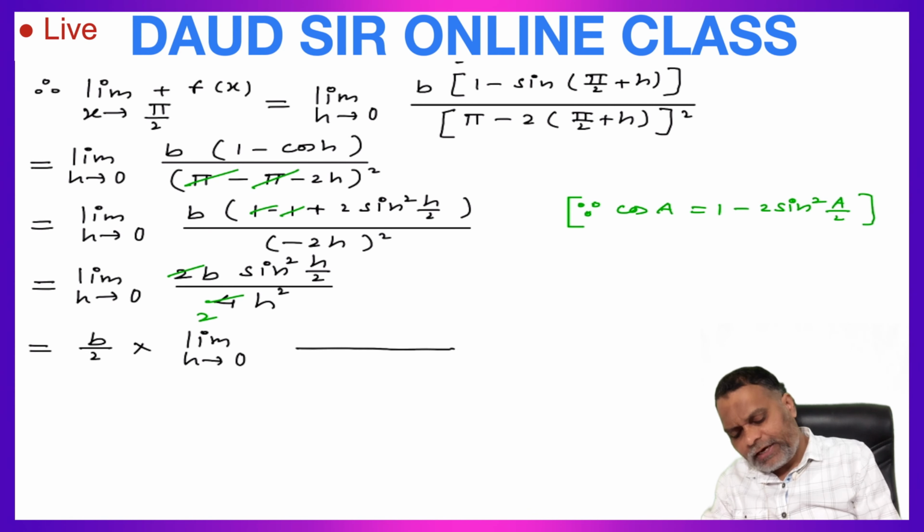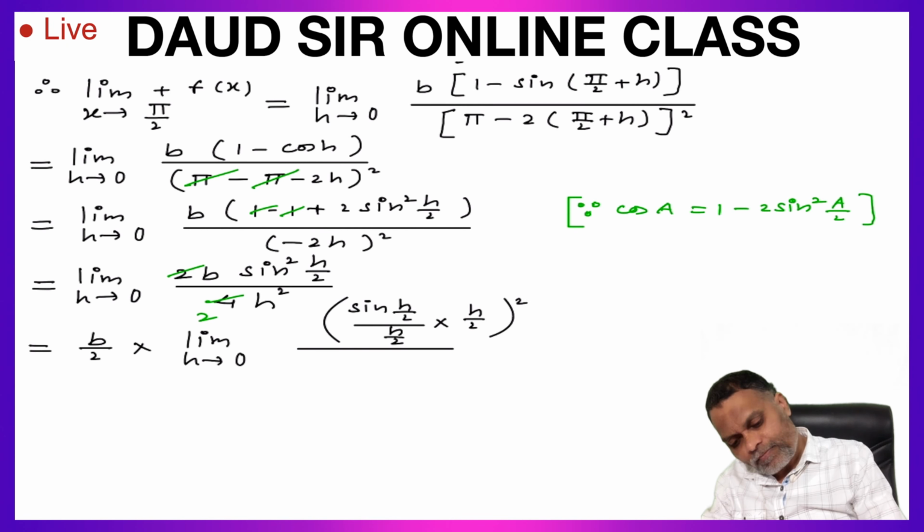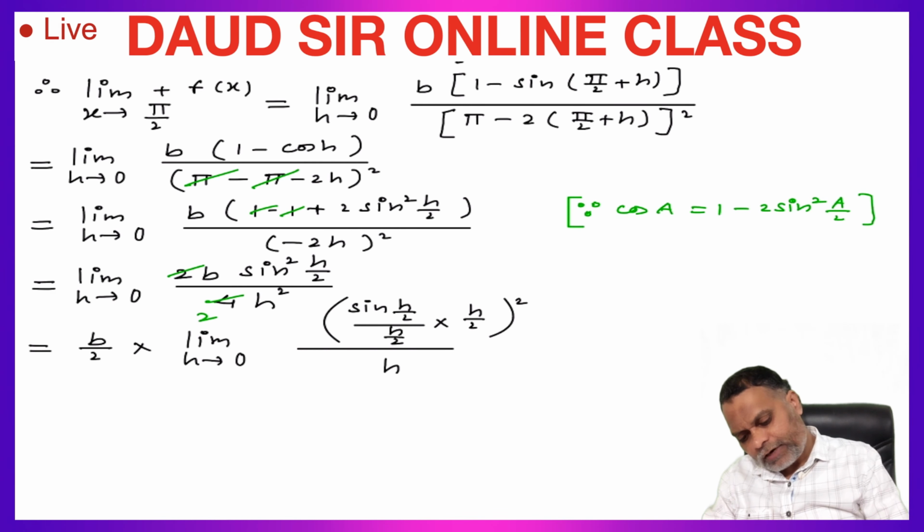Now for making the limit formula, here we can write sine h upon 2, angle is h upon 2, so dividing by h upon 2 and multiplying by h upon 2, and whole square as it is, upon h square.